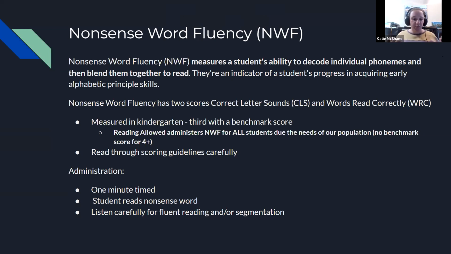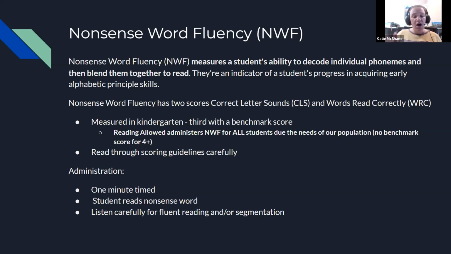And it's really what we're teaching them in our Wilson lessons, is how to decode words and how to apply word attack skills to unknown words. Well, a nonsense word is perfect for that, because with all nonsense words, they have to apply their phonics skills in order to read them accurately. That's why it's such a good assessment.